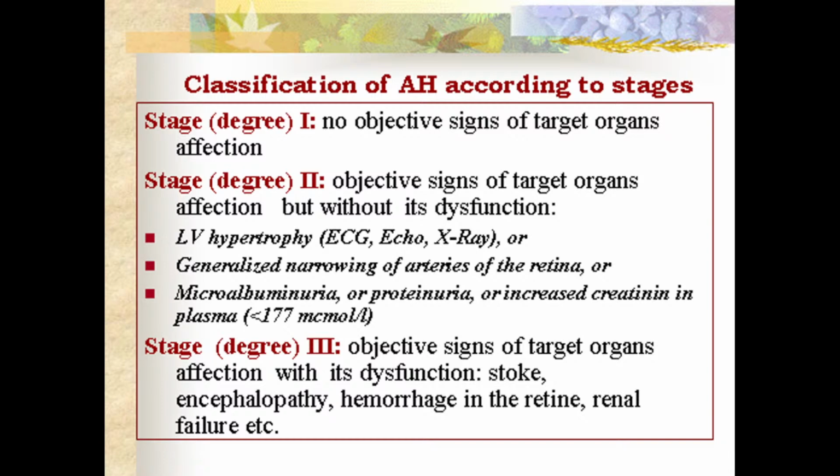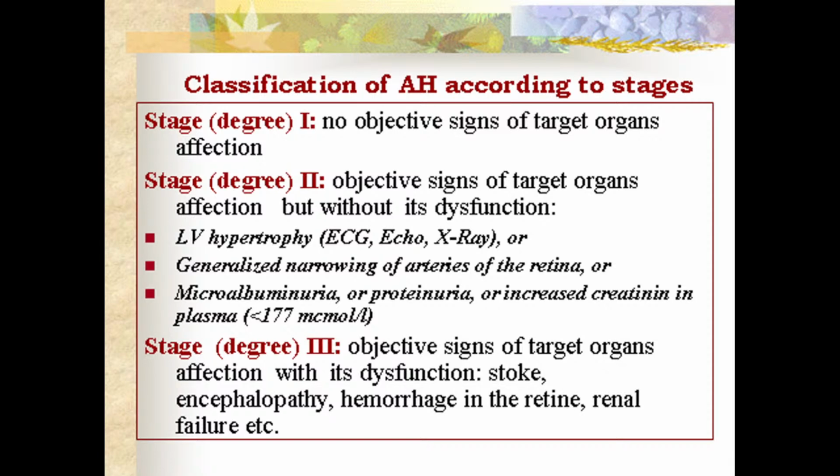And the third stage or the third degree of arterial hypertension, usually it's named in our country as the third stage of hypertonic disease. There are objective signs of target organs affection with its dysfunction.